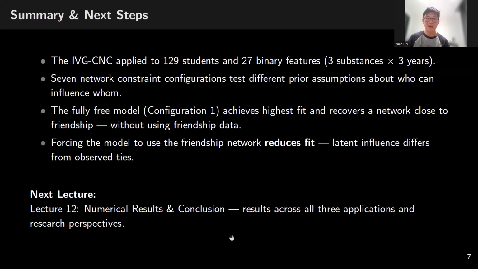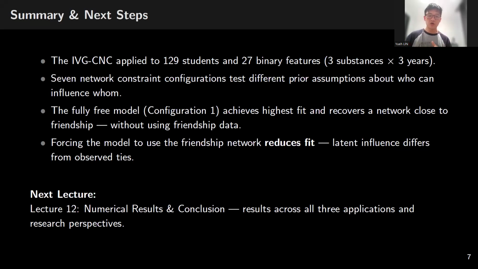So in summary, we applied the inverse voting game to 129 students, and we changed the features to binary using the procedure we talked about, making 27 binary features. We tested seven different network constraint configurations, encoding different levels of prior beliefs about the influence structure.